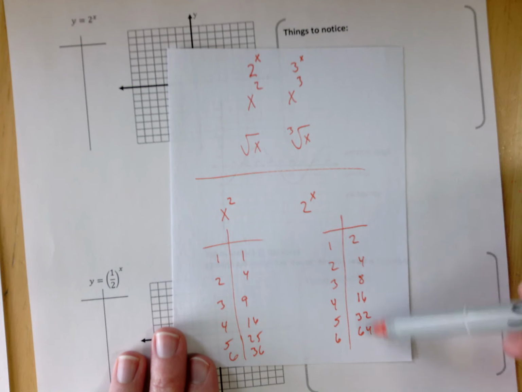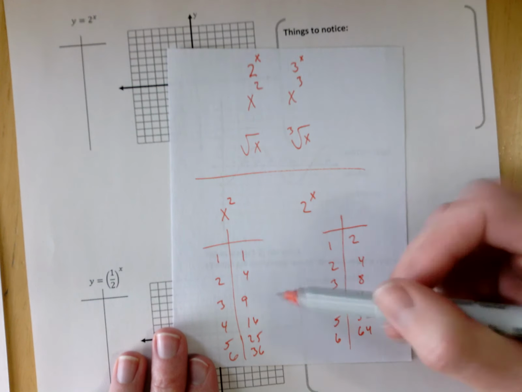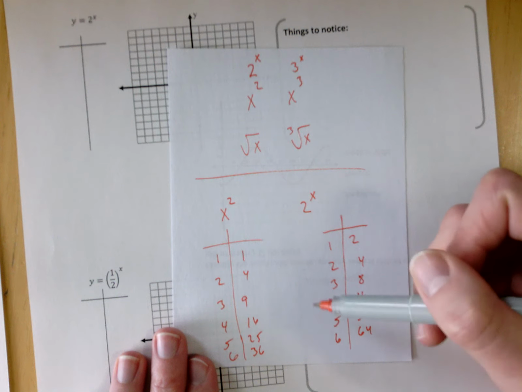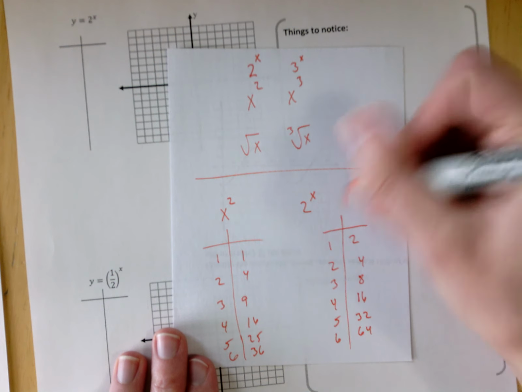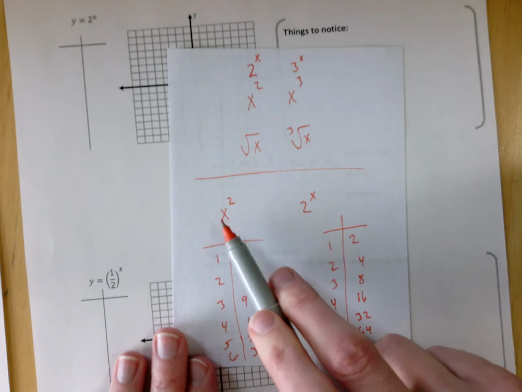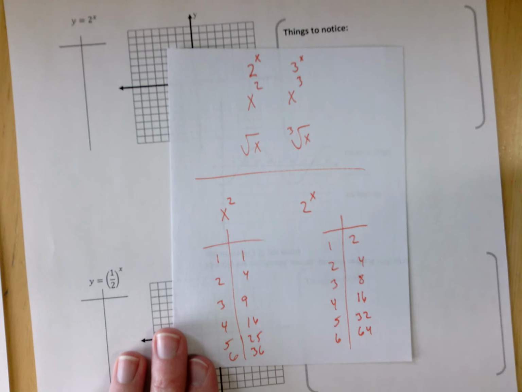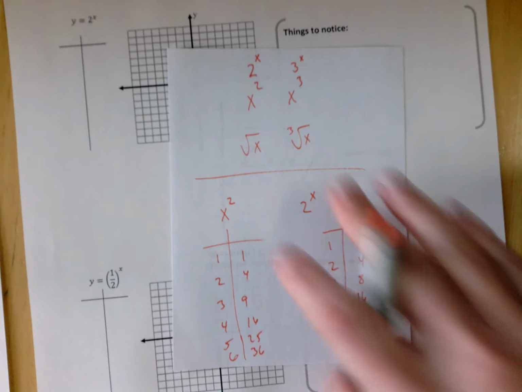Because these are doubling, this one is going to grow a lot faster than this one does. So they start out pretty much the same, but exponential functions grow a heck of a lot faster than any variable raised to an exponent does. That's the key difference between the two of them.